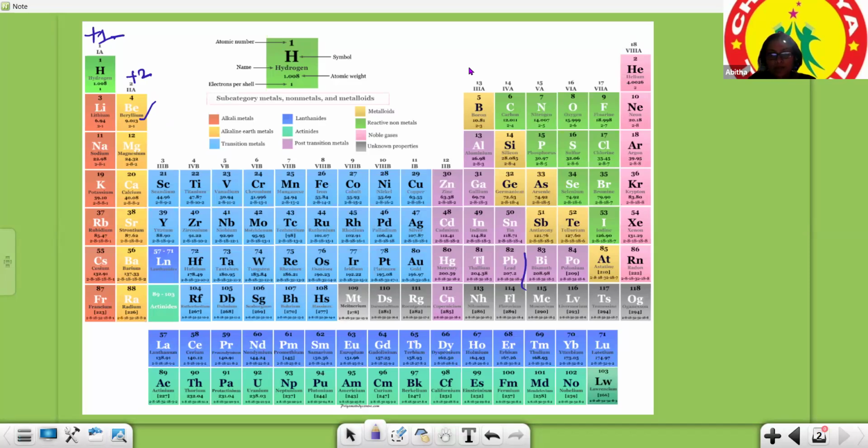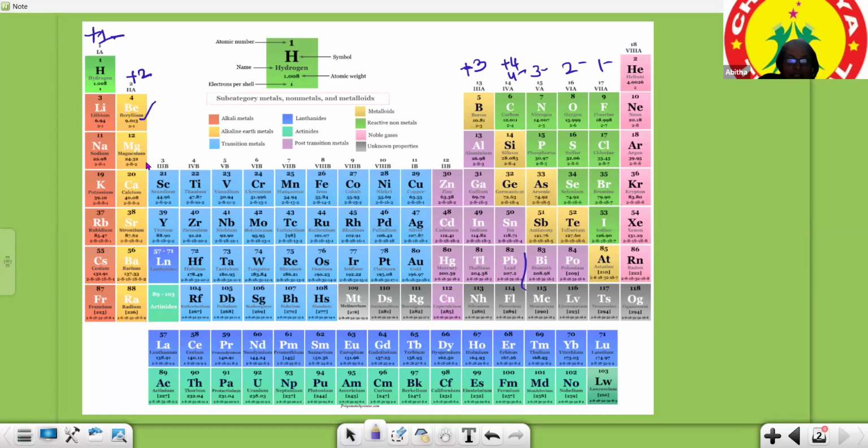For 3A group elements, the charge is +3. For 4A group elements, it is +4 or -4. 5A is -3, 6A is -2, 7A is -1. See how the charge increases till the 4A group and then decreases. This is the way you check the element charge.